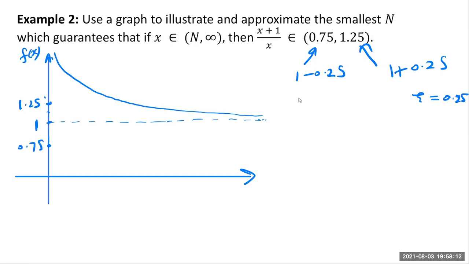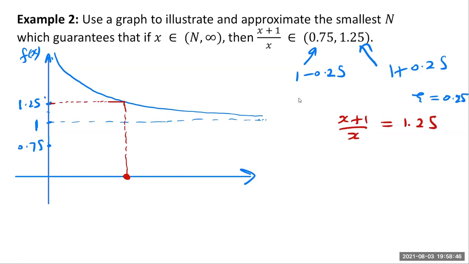Okay. Now, how do I find the smallest n? You are asked to find the smallest n such that if x is bigger than n, then my f of x is in this interval. Well, what I'm going to do is find the x value corresponding to the y value 1.25. To find that x value, I'm going to set my function x plus 1 over x equal to 1.25.